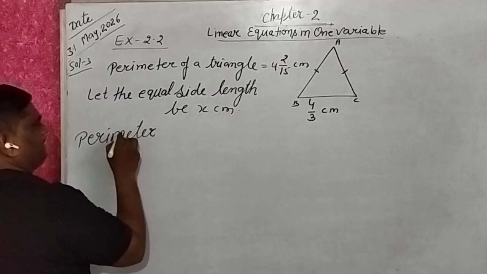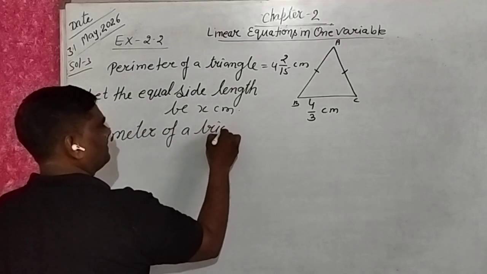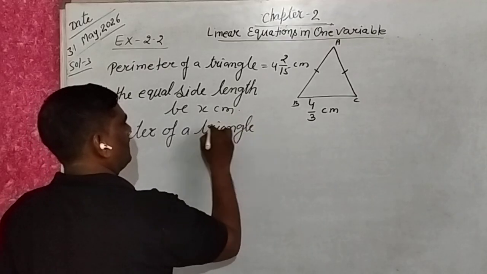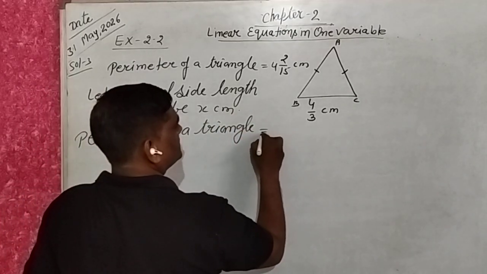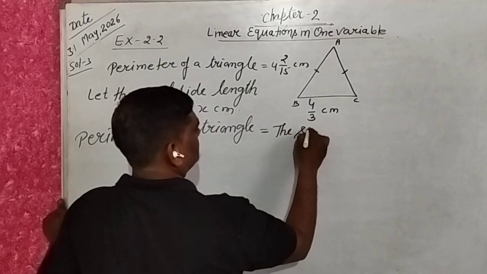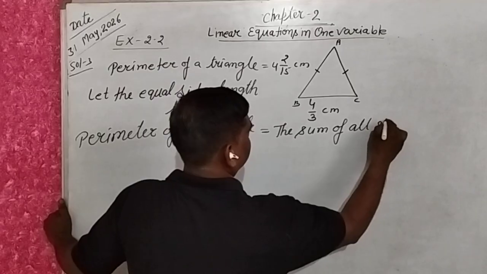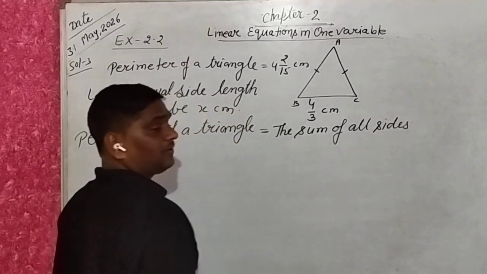The perimeter of a triangle is the sum of all sides.